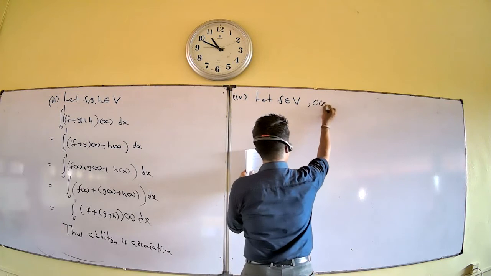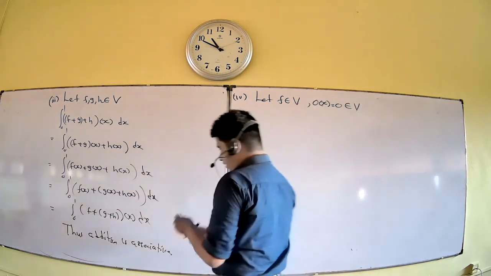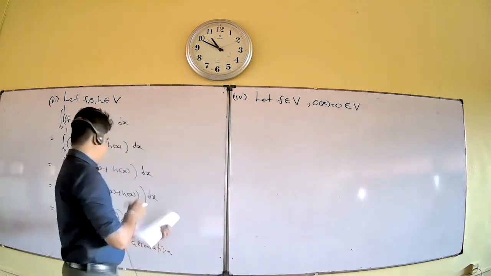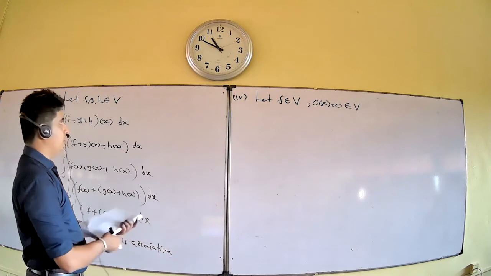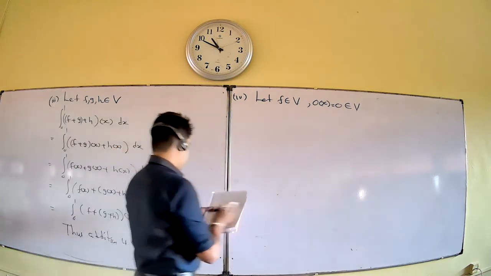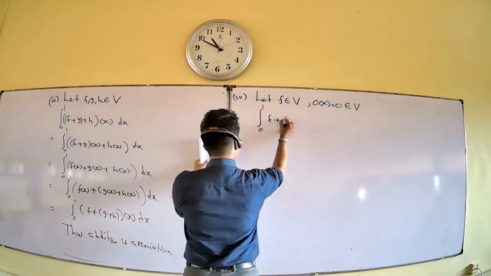Is it okay? The zero function is obviously a continuous function in B. The zero function is a continuous function, right? So this should satisfy this condition. You check this one.